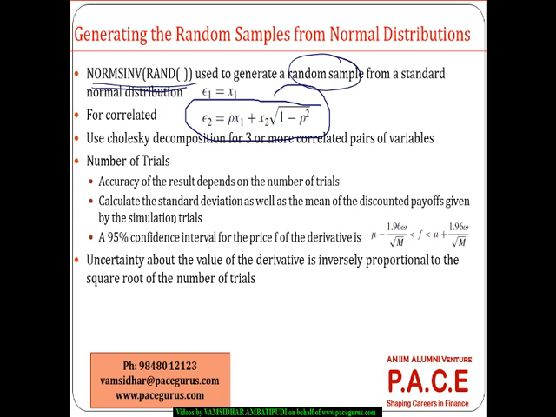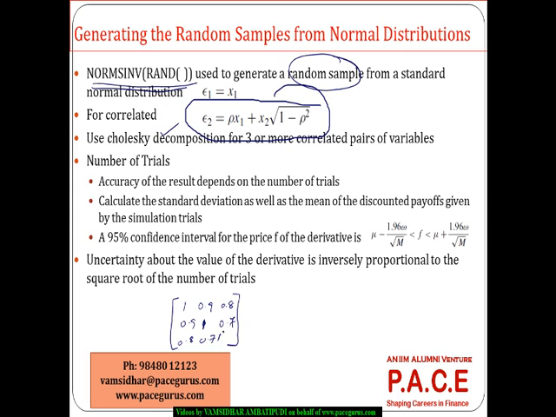And if I have to deal with a larger number of correlated variables, we use a process called Cholesky decomposition. I take the correlation matrix: 1, 0.9, 0.8, then 0.9, 1, and between 2 and 3 let's say it's 0.7, then 0.8, 0.7, 1.